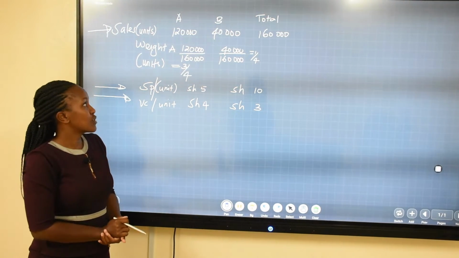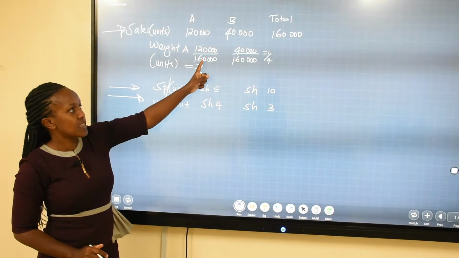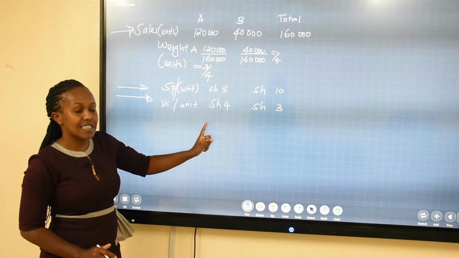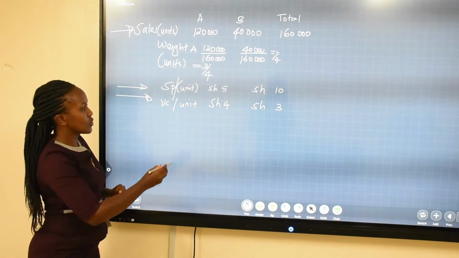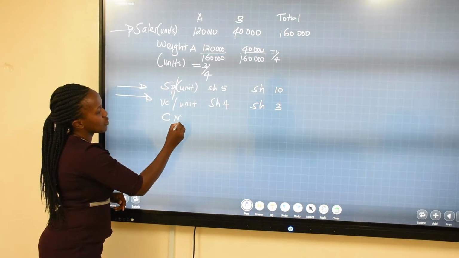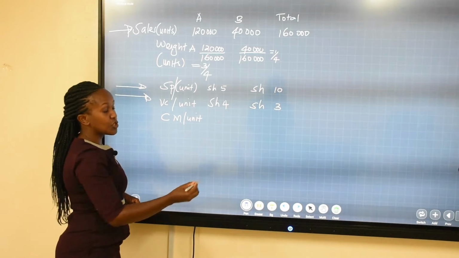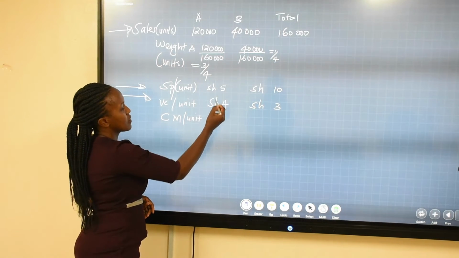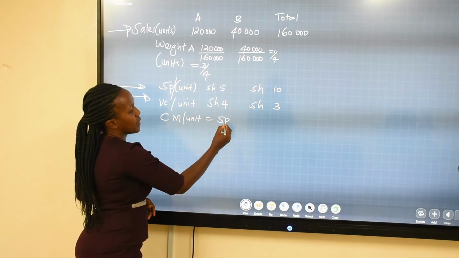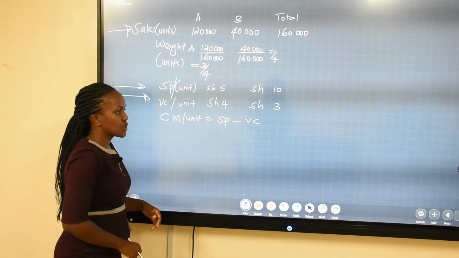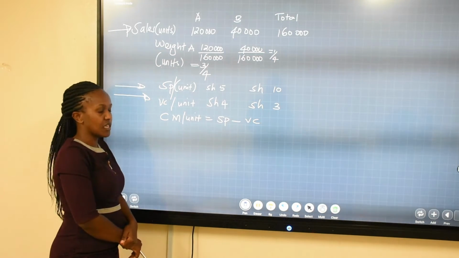Now, what do we also need to get? Here we have gotten the weight. Here we can get the contribution margin. So we can simply say, what is the contribution margin per unit? Contribution margin is SP minus VC. That is how we get the contribution margin per unit.